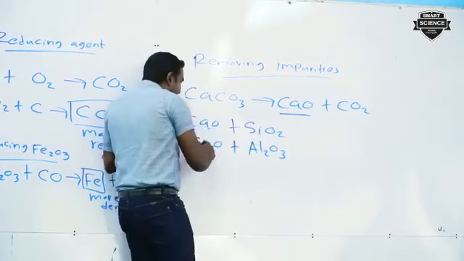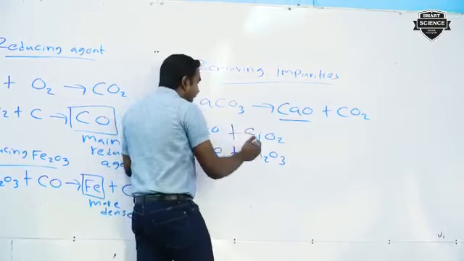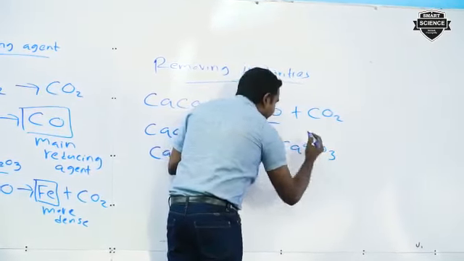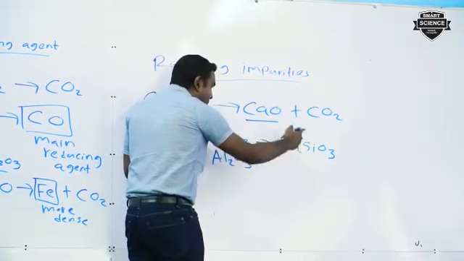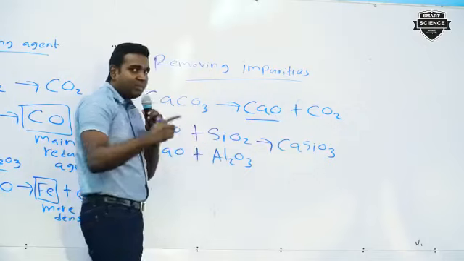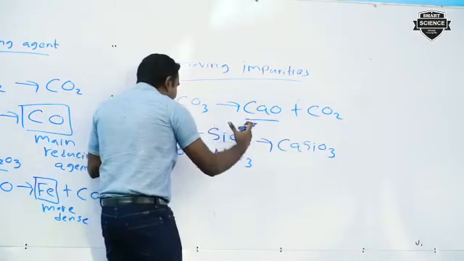Calcium oxide reacts with silicon dioxide and forms calcium silicate. Here you get only one product, calcium silicate. To get the formula of calcium silicate, just put all the atoms together.